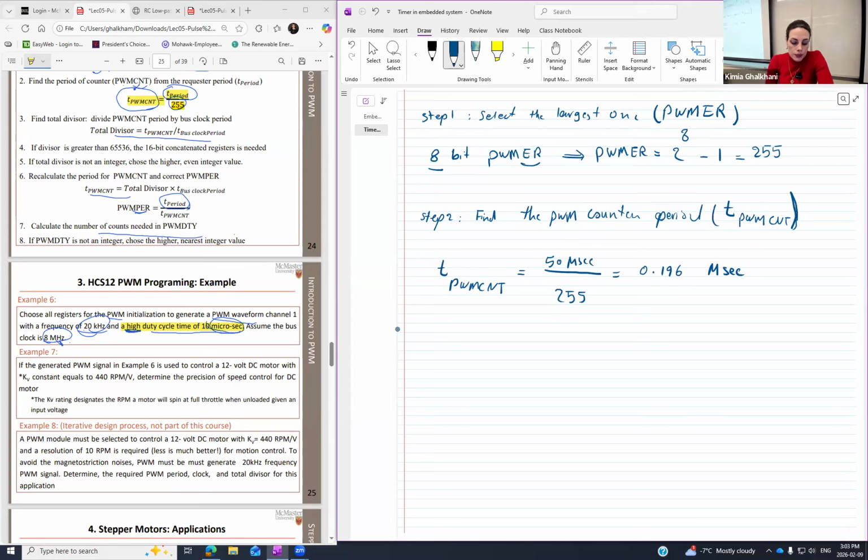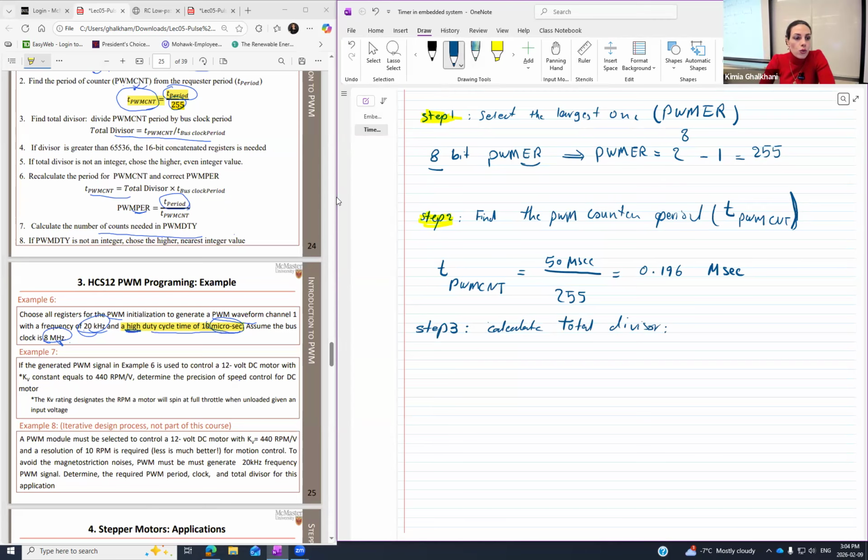So far, so good. You get it? Now, how about step 3? Now it's time. Let me highlight them. This is step 1. This is step 2. Now in step 3, I'm going to calculate the total divisor.